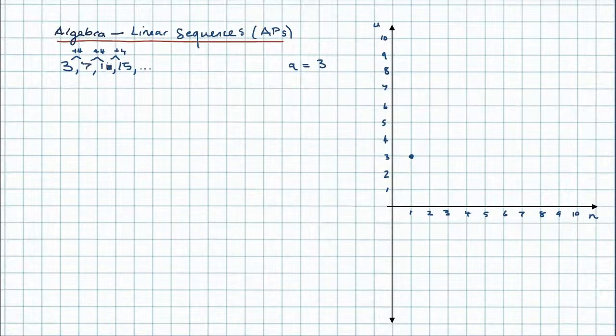So that common difference between the terms we'll call d. d equals 4. Okay, let's plot the other 3 terms then. So our second term, so n equals 2. Our second term is 7, so up here. Our third term is 11, so that would be here.